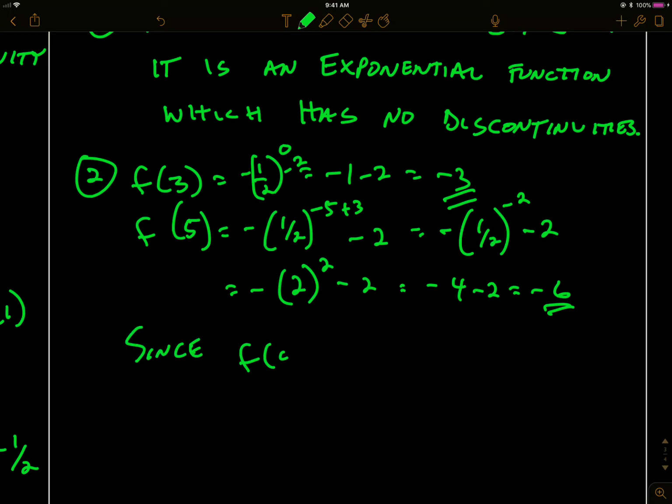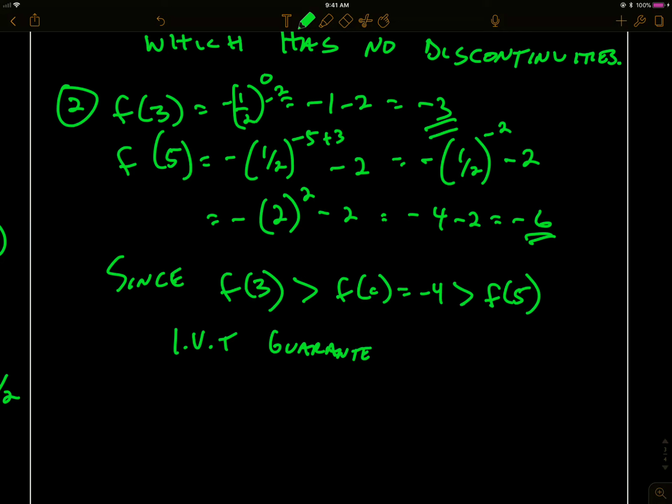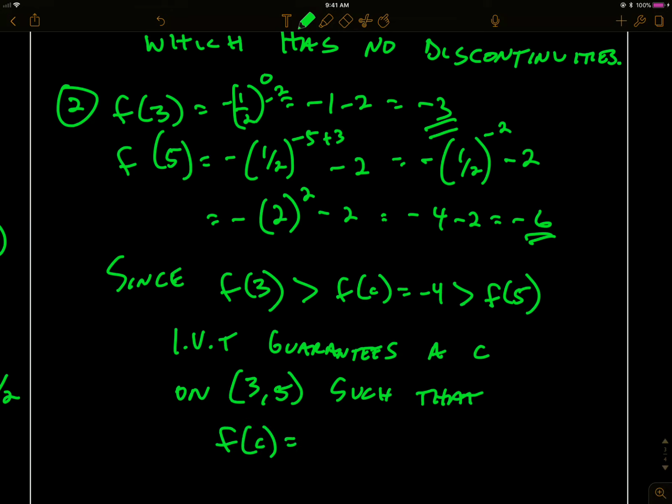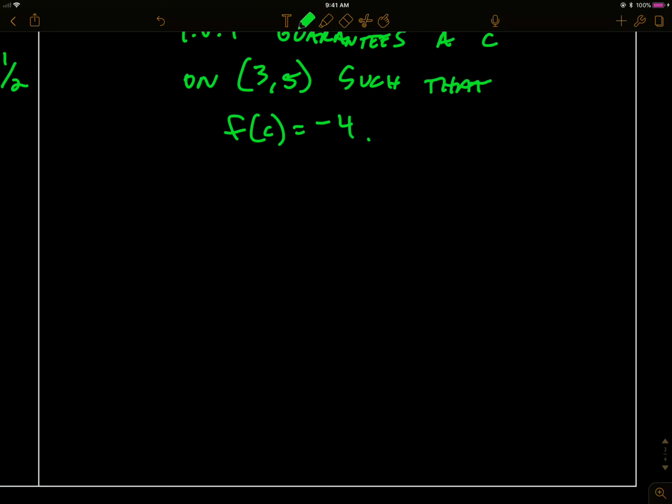So since that's true, the IVT guarantees a c on the open interval 3 to 5 such that f of c equals -4. So that's what the theorem does. It says, hey, yeah, this guy exists. Can't stress that enough. It's an existence theorem.